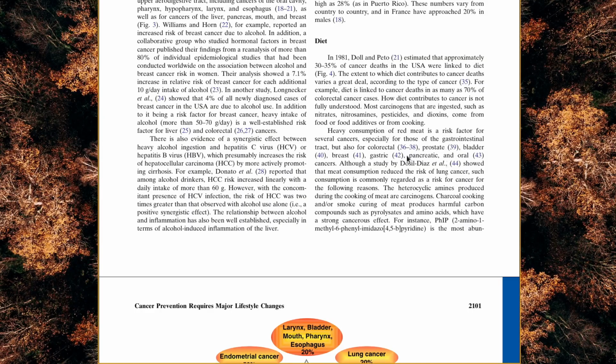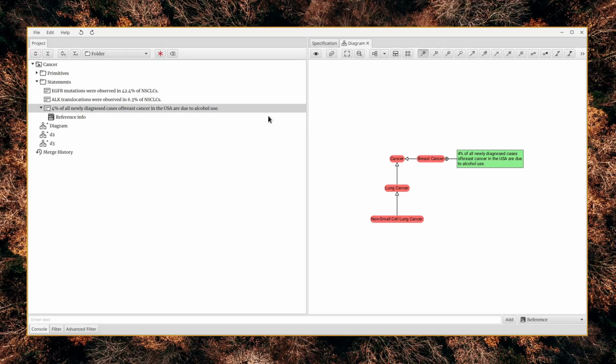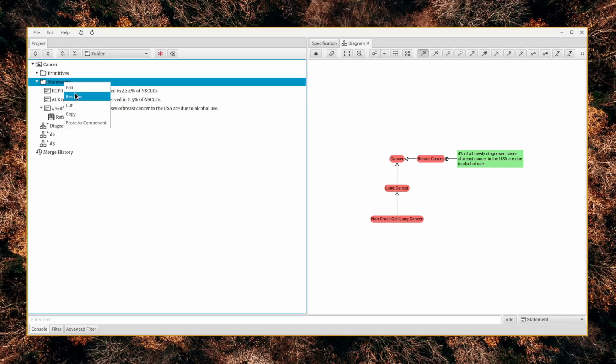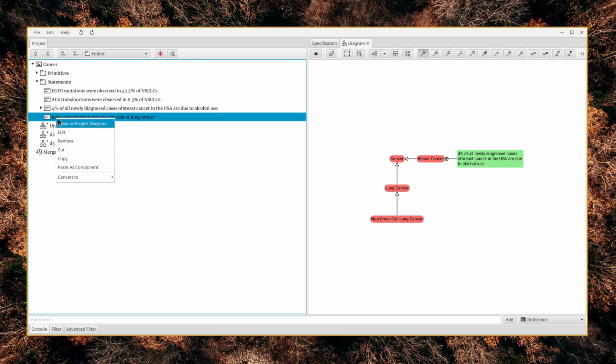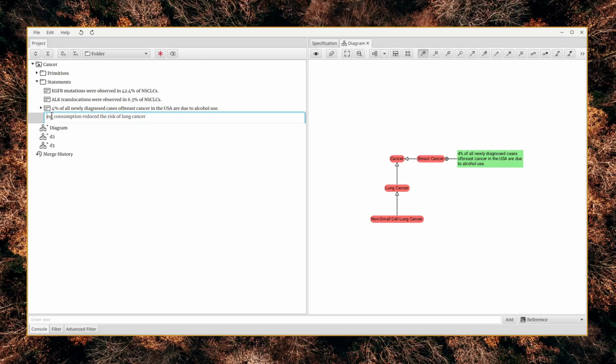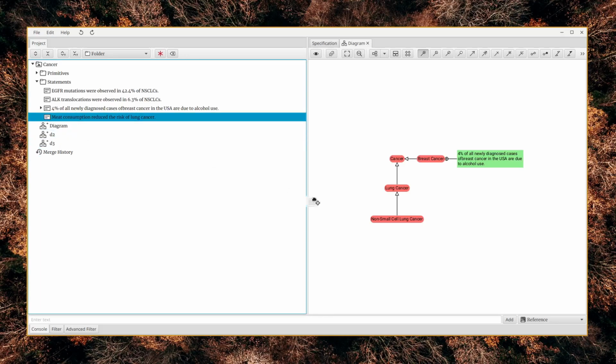I can also find the statement that indicates the solution or partial solution to the problem. For example, meat consumption reduced the risk of lung cancer. I will add it into the information tree and then drag it into the diagram.